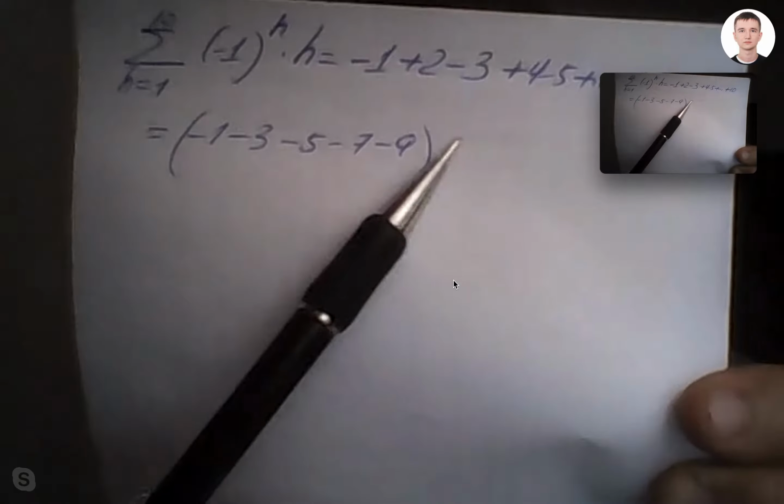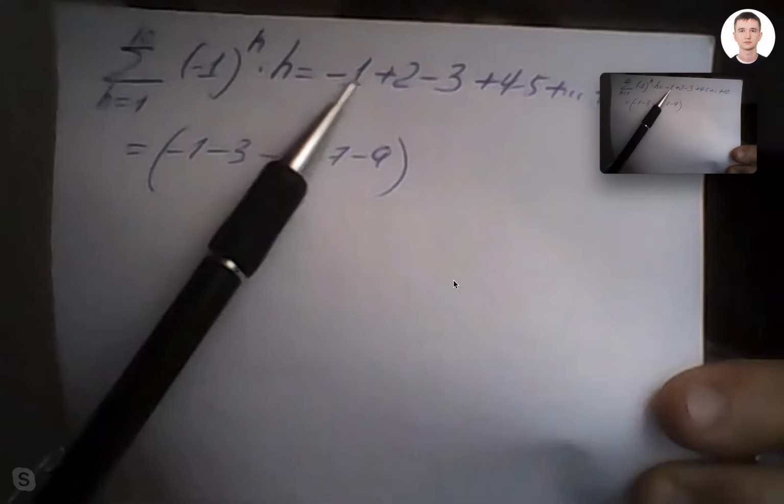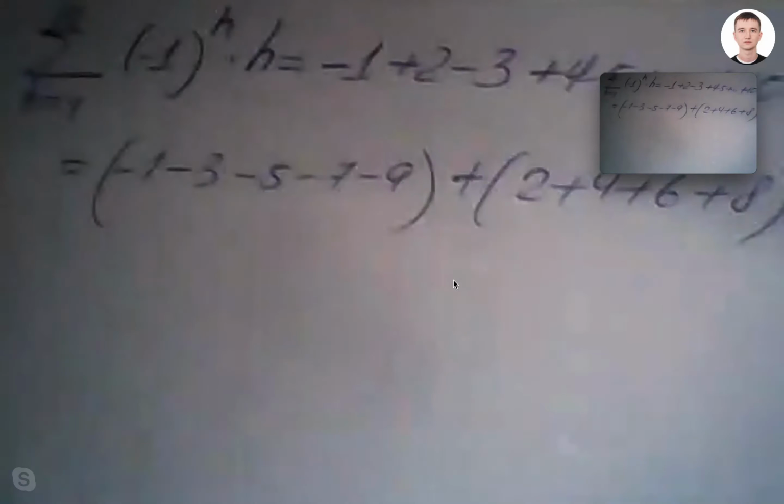And then there is another sum of positive even numbers. So plus, in brackets, the second sum: 2 plus 4 plus 6 plus 8. And plus 10, the last term.